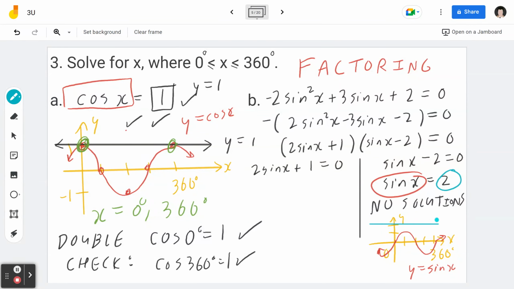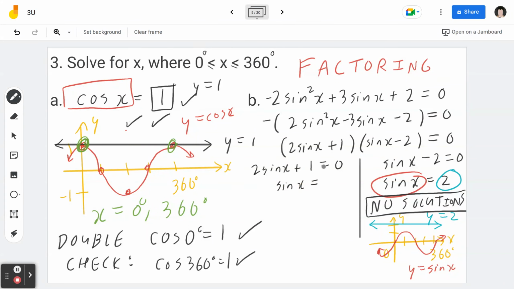Notice how these two lines never meet. Since there's no point of intersection, there are no solutions, and that is the answer in the second column. By the way, when there are no solutions, we can't really double check because there's nothing to check. On the other hand, you can double check the first case.